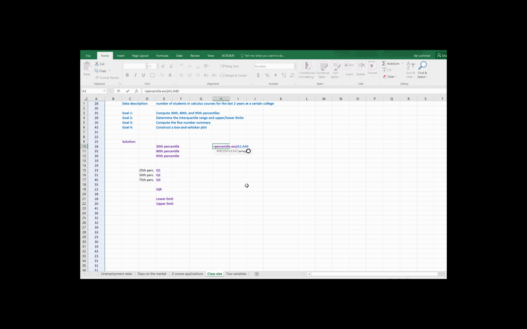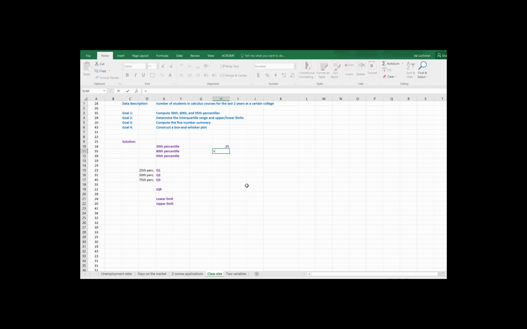Okay, so it's A1 through A40, comma, and for the 30th percentile, we need to plug in 0.30, and we get this number right here, 25. So 25 students in a course. This size of a class represents the 30th percentile in this data set.